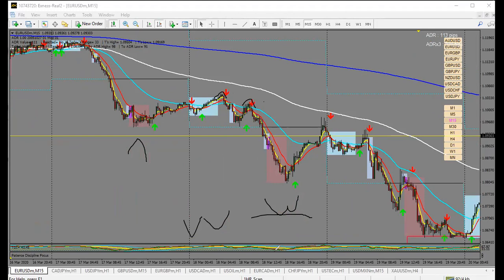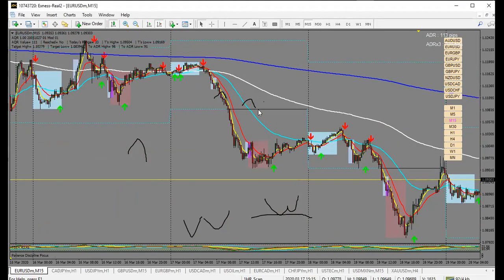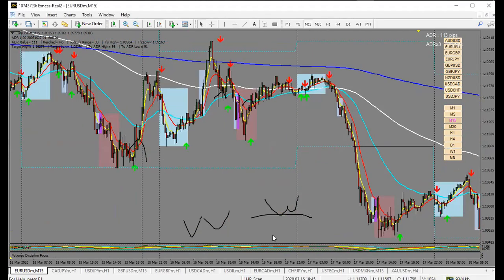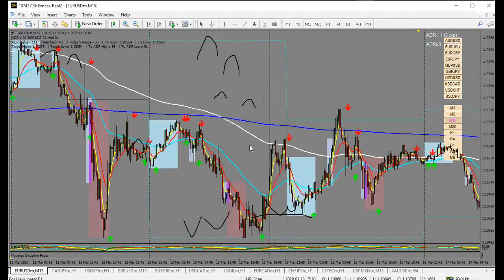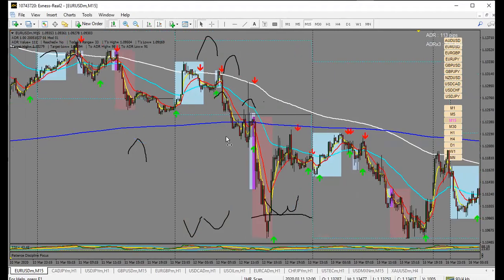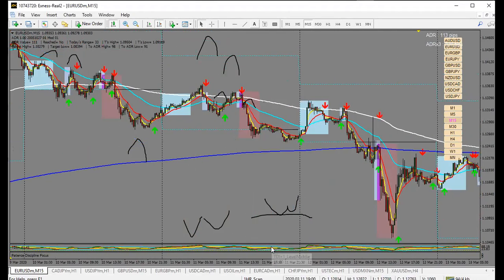What you are concerned about is seeing the formation of these London patterns just outside the Asian box.